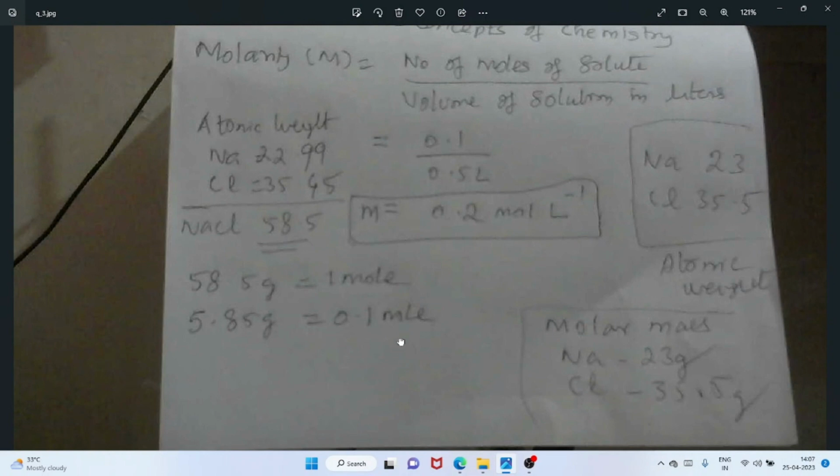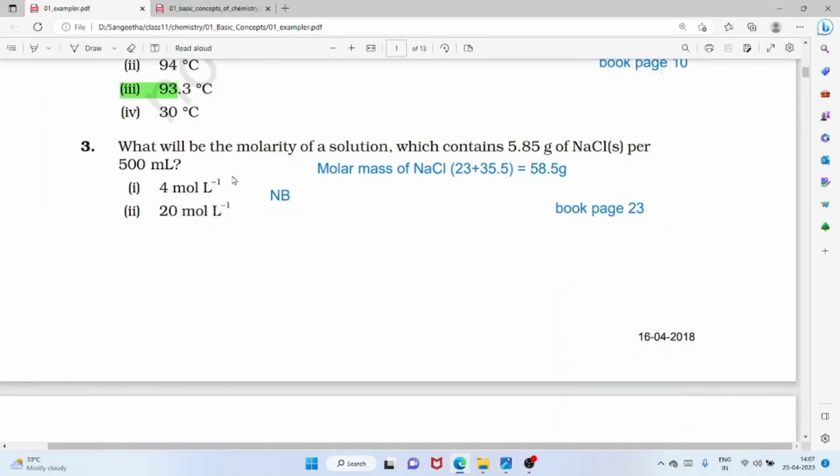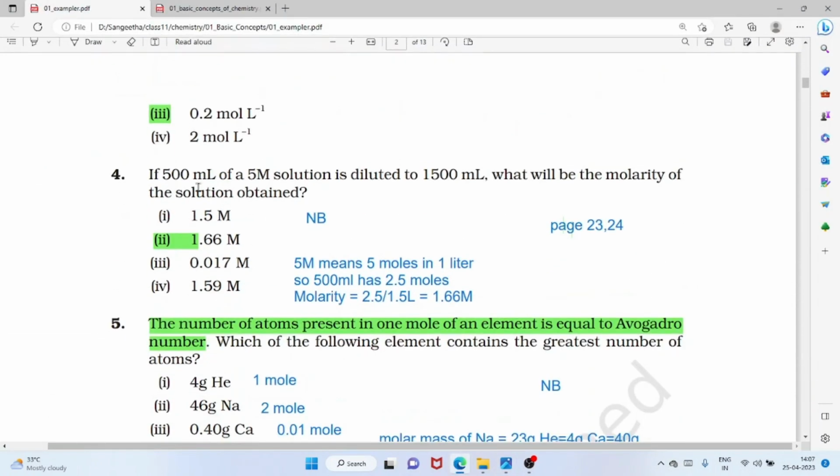So this is 0.1 mole. The molar mass is just the atomic weight with gram put next to it. So NaCl is Na plus Cl. Then you divide by the volume in liters, 500 ml is 0.5 liter. Okay, this is the answer.